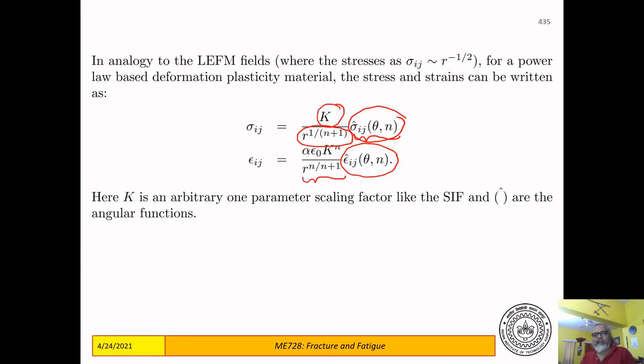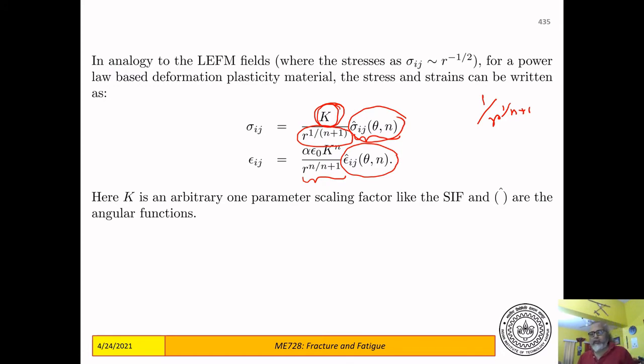From the path independence of the J integral, we have figured out the variation in r, but we have not figured out what the angular variation is, and what the analog of the stress intensity factor should be in case of hardening plasticity. HRR fields tell us that this assumption is correct, that there is a separable solution.